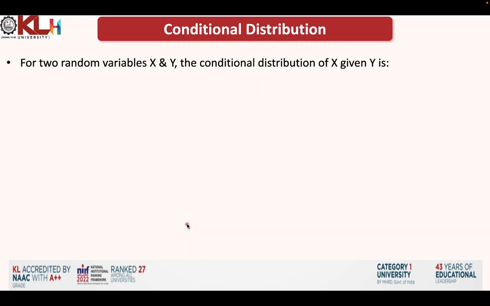We can also write the conditional distribution for two random variables x and y. Earlier we saw the conditional distribution for a random variable given some event, but we can also calculate the conditional distribution of two random variables. So the distribution of x given the random variable y is the joint distribution of the random variables x, y divided by the distribution of y.